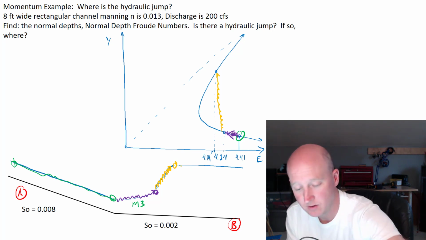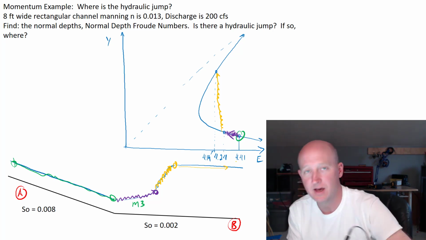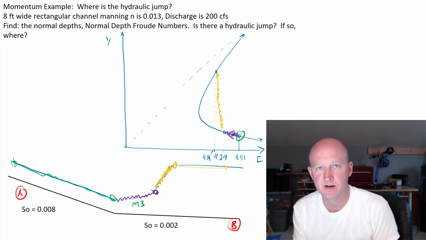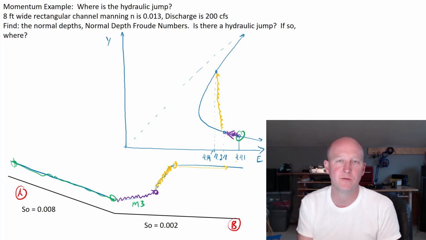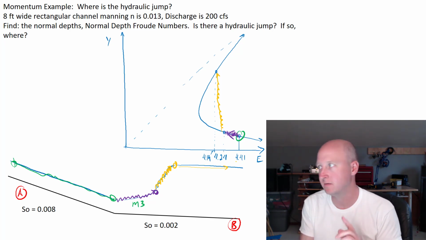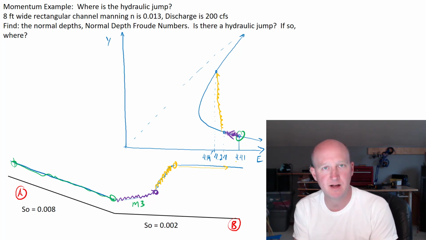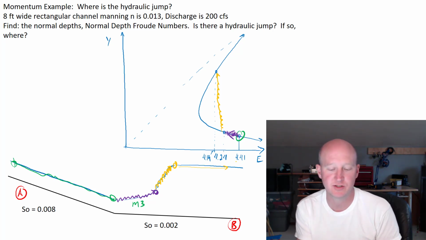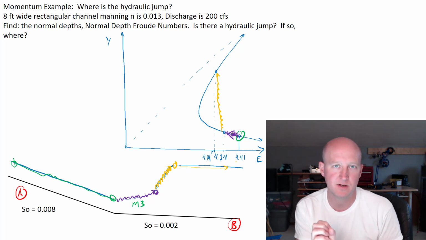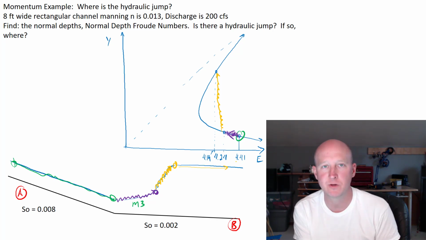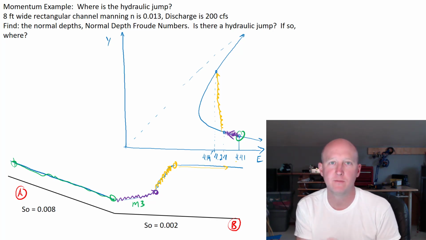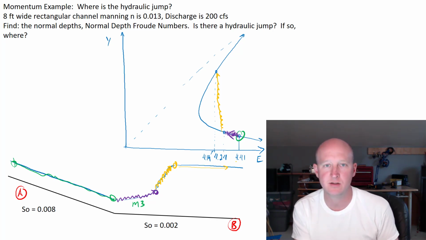And then at that point, the water's moving downstream and it's gaining the same amount of energy as it is losing due to friction. So this is an example of two different momentum balance problems or hydraulic jump questions, and then also a little bit of a discussion about the water surface profile for an M3 curve. And you could do the same thing for the S1 curve that we saw in the first example.